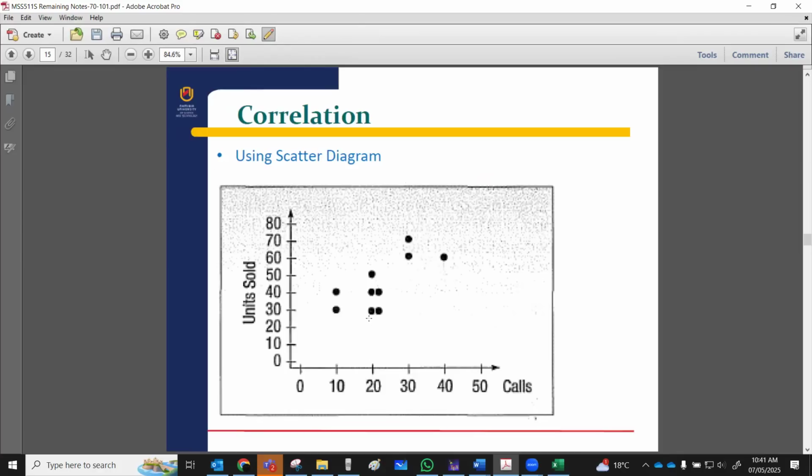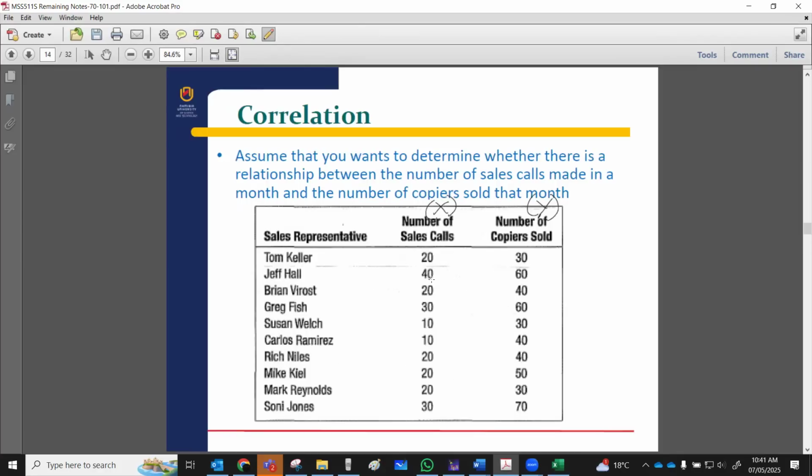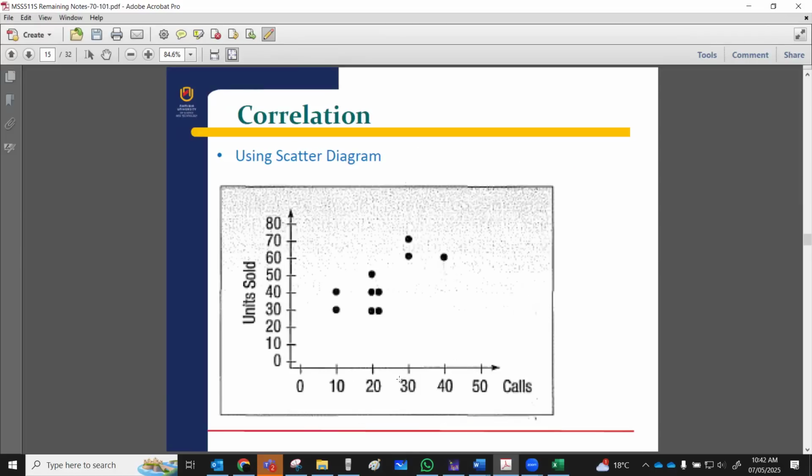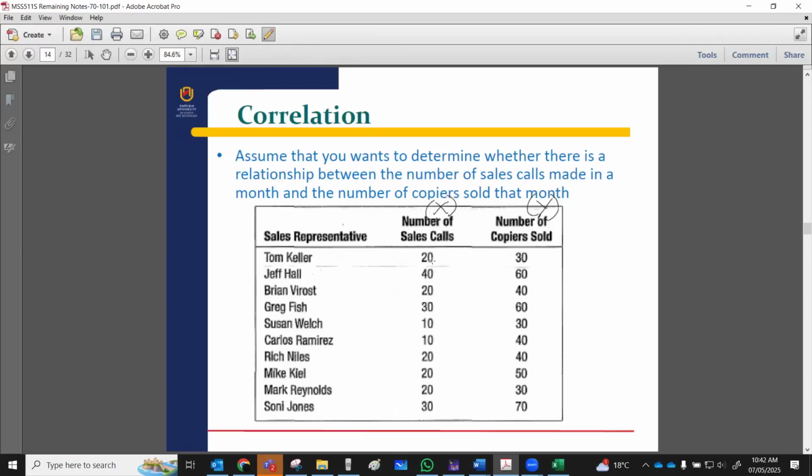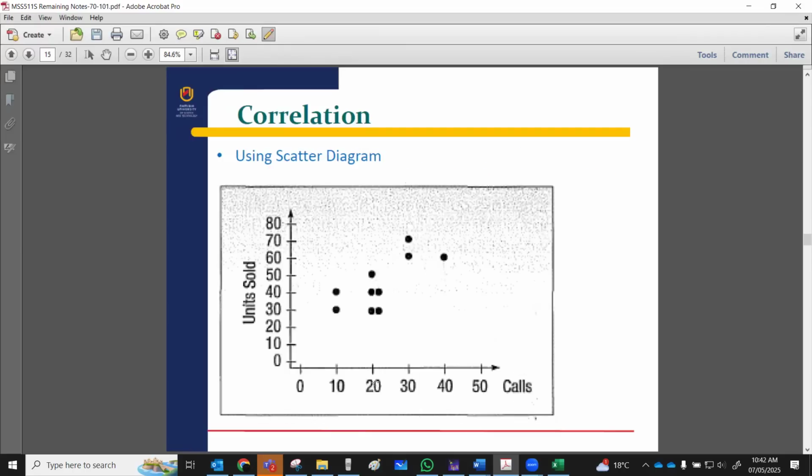Then we go to the next one. We have 40 and 60. So X is 40, then Y is 60. Then we go to the next one, 20 and 40. So we just plot each of the points and then we want to see how this data is distributed. That will tell us whether we have a positive correlation, a negative correlation, or no correlation at all. So here we can see that there is maybe an upward trend.